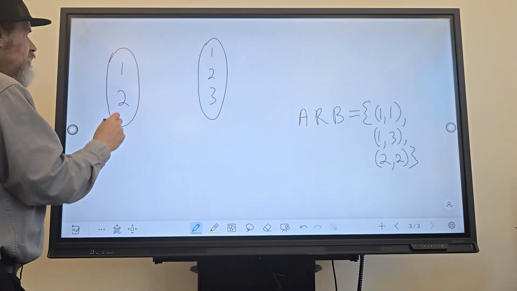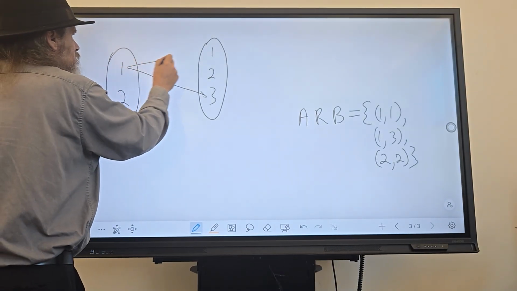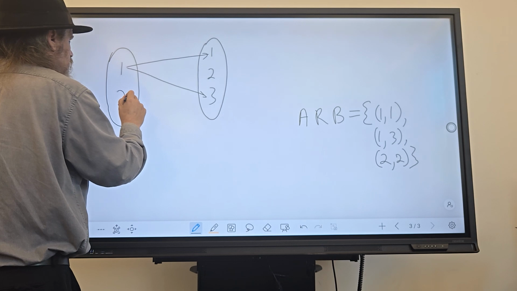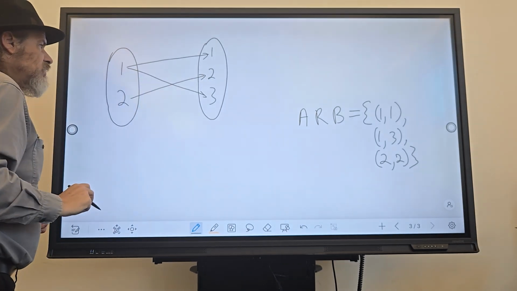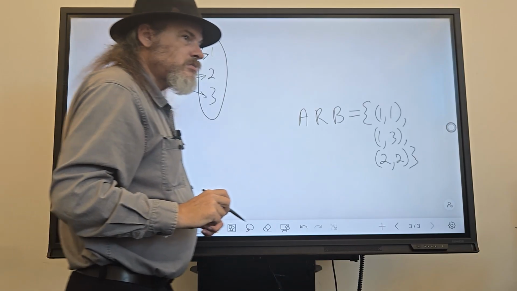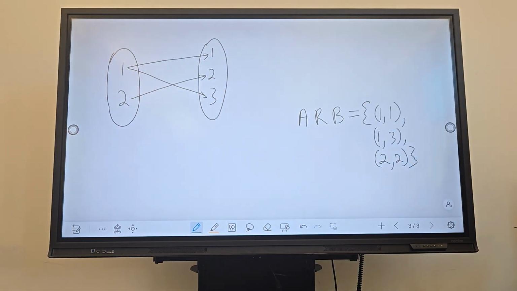And then you would draw arrows from the elements in the domain to the elements in the codomain that make up the ordered pairs in the set that satisfies the relation.